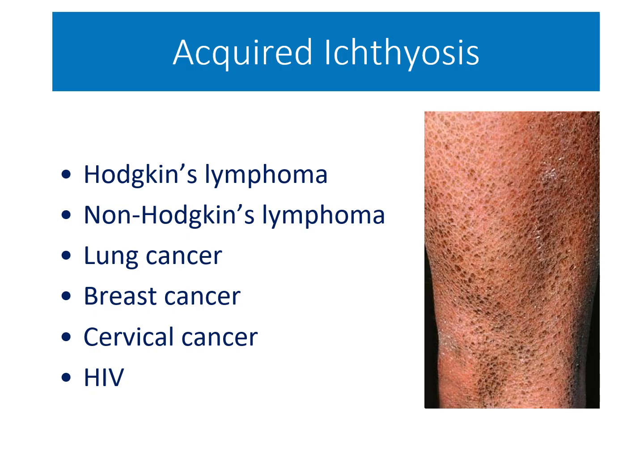So in an adult who suddenly develops ichthyosis, one has to look for an underlying cause. Most often it's an underlying tumor, and this could be a lymphoma, again very common, or other types of cancers. In addition to cancers, we also see acquired ichthyosis with HIV.